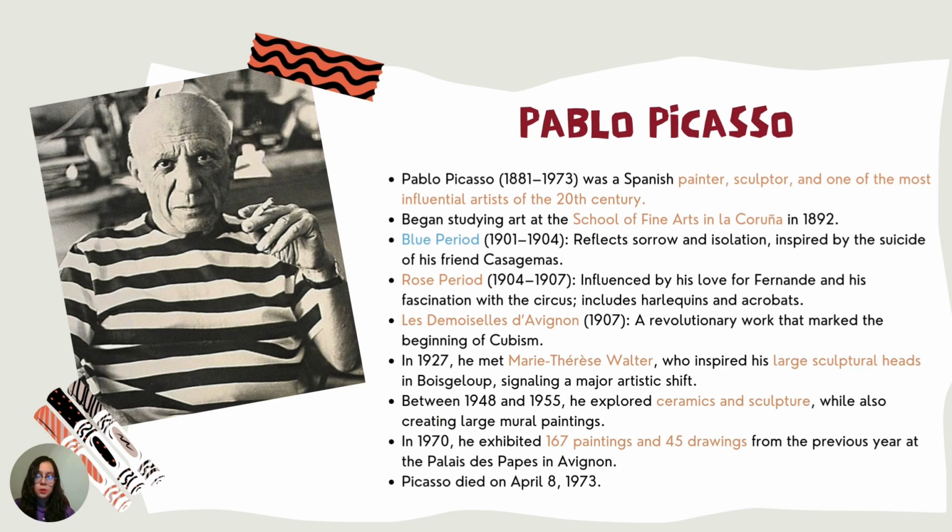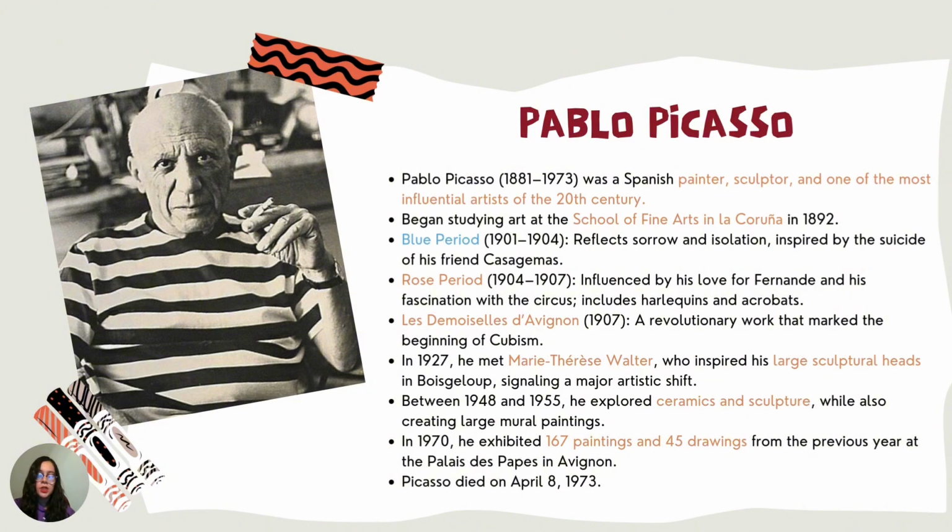Then we have the Rose Period, which is influenced by his love for Fernande, which led to sensual and erotic designs. Then his painting Les Demoiselles d'Avignon marked the beginning of Cubism.